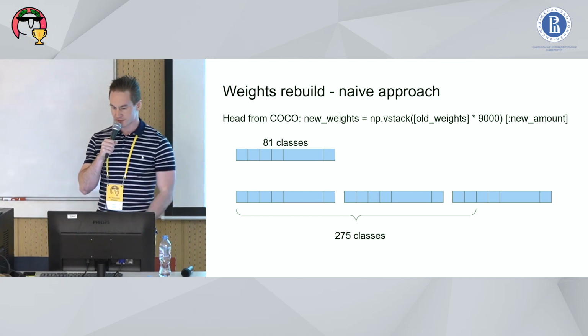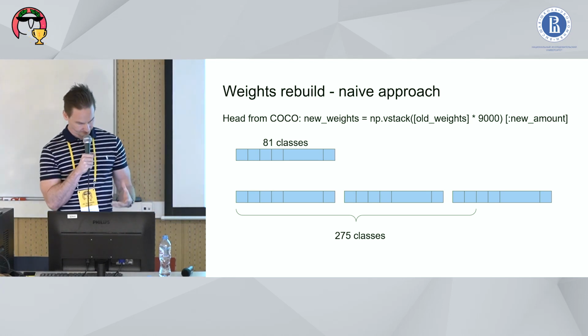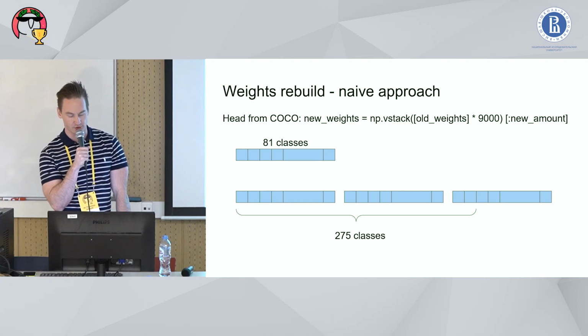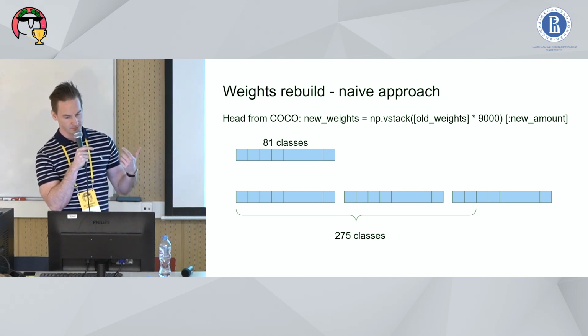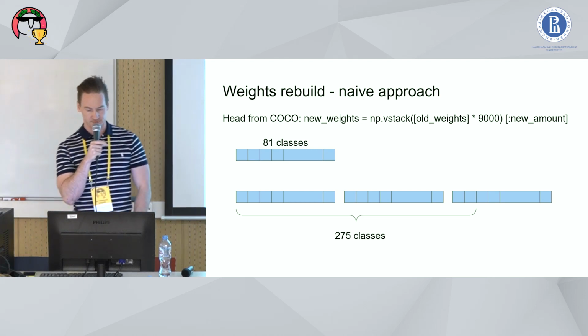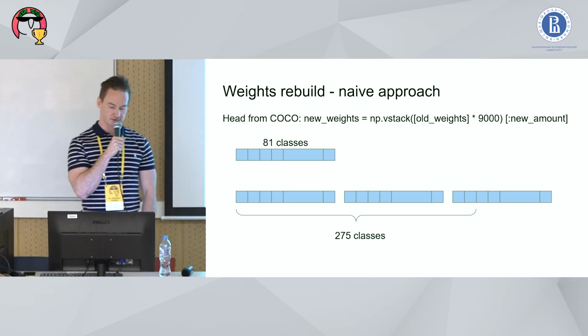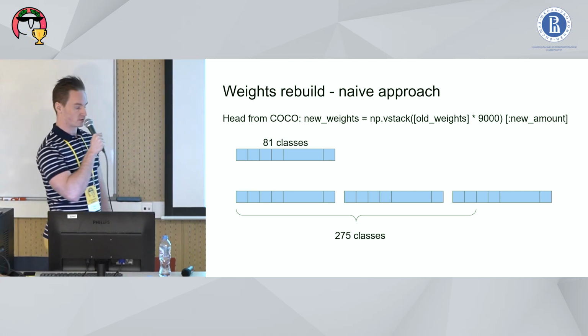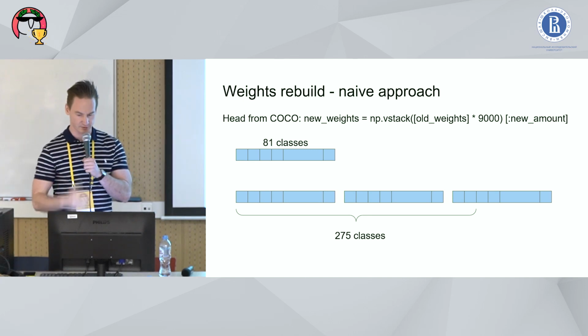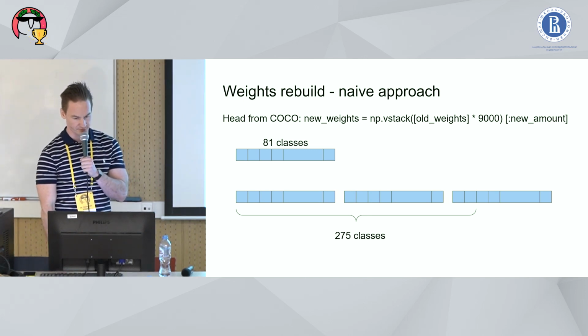But instead of this, I just extracted the tensor for these classes from COCO, concatenated them several times, and then just sliced them to the new number of classes. It allowed me to get faster convergence because the weights were already pre-trained from the previous task.